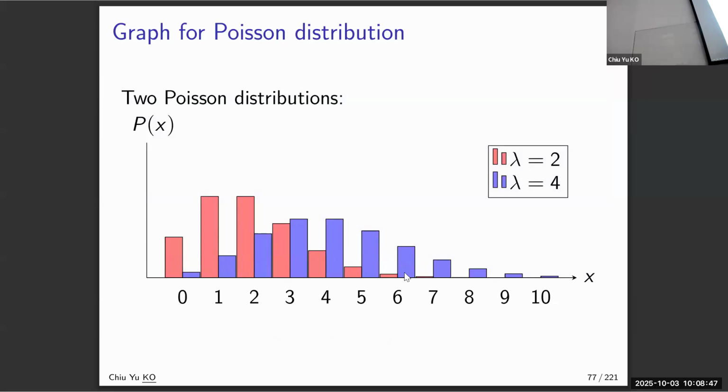And indeed, you can show that when lambda is large enough, it looks like a bell curve. We'll cover that in the next class. The bell curve is the standard thing you learned in high school, the normal. But anyway, we will not worry too much about this at the moment.